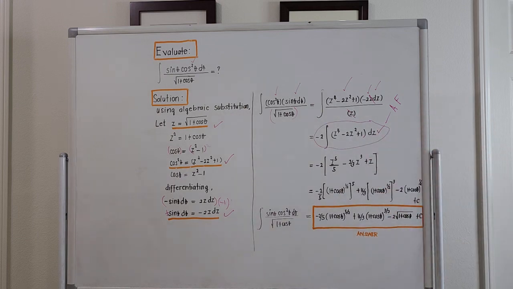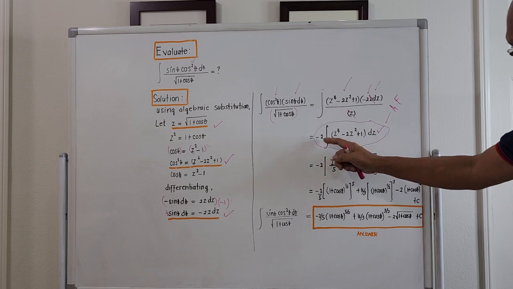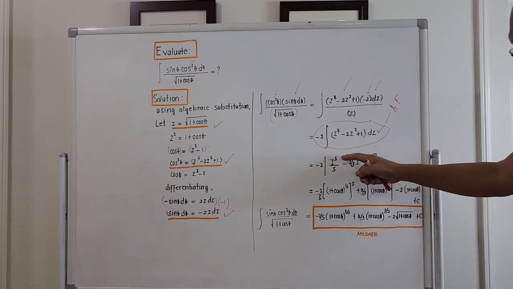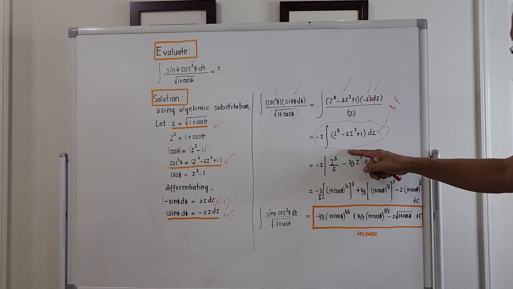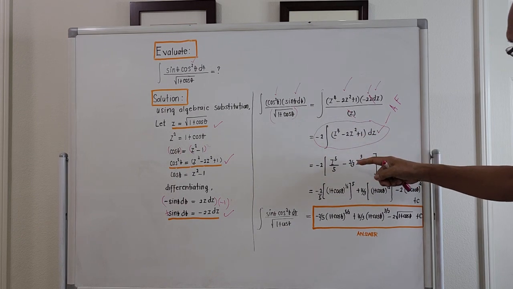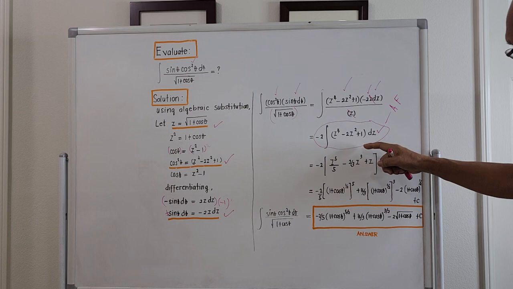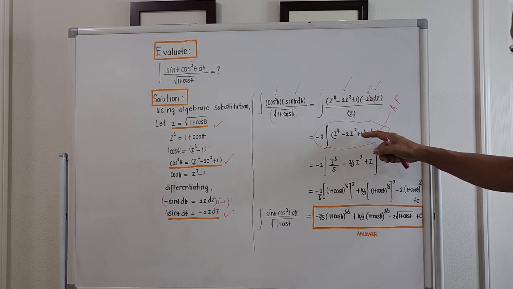So integrating the right hand side, no problem, it's all power formula. This is negative 2, open bracket, z to the 5 over 5, power formula, minus 2, z cube over 3 or minus 2/3 z to the third power. The integral of dz will just be simply z, close bracket.